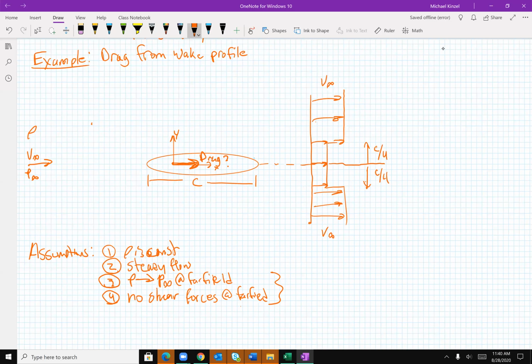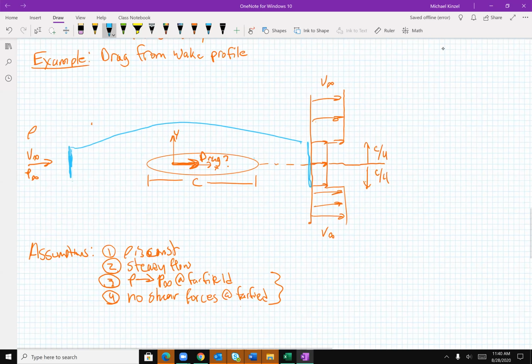Okay, so in the context of this, the next thing we want to do is formulate our control volume. I'm going to formulate the control volume to start here, and it's going to start here.